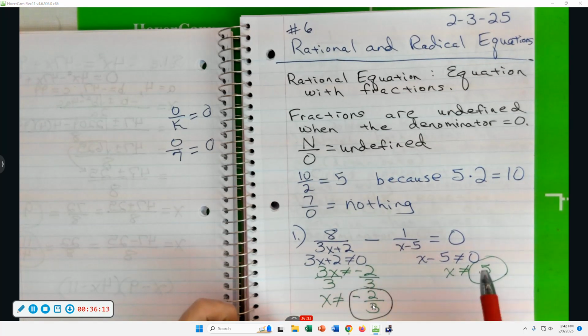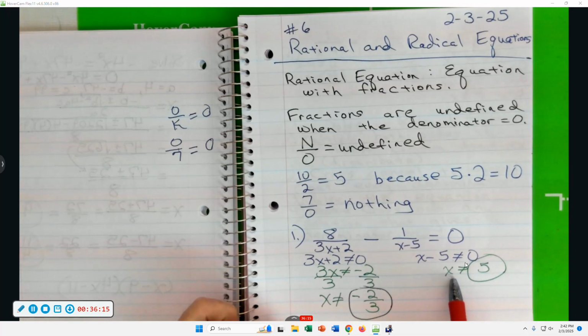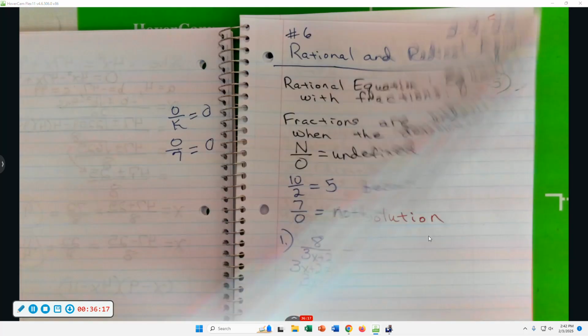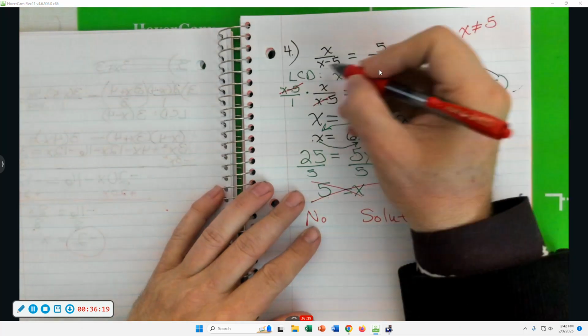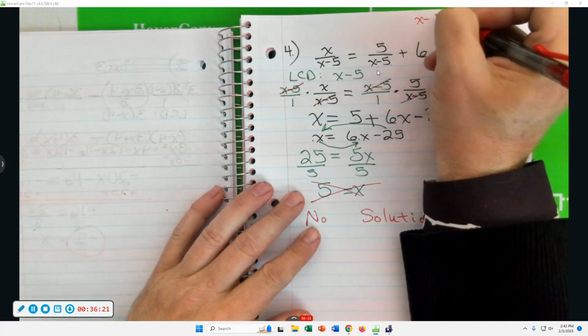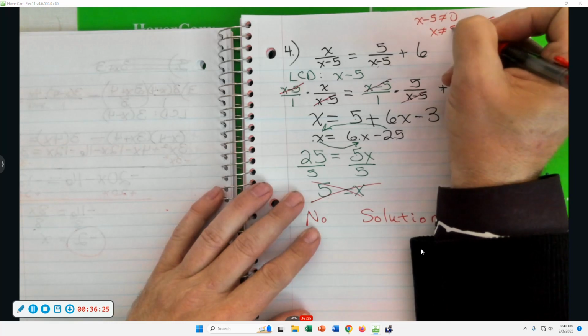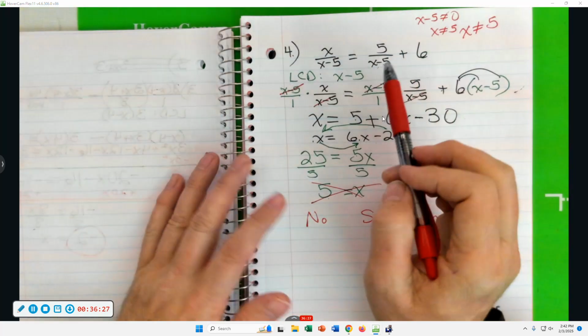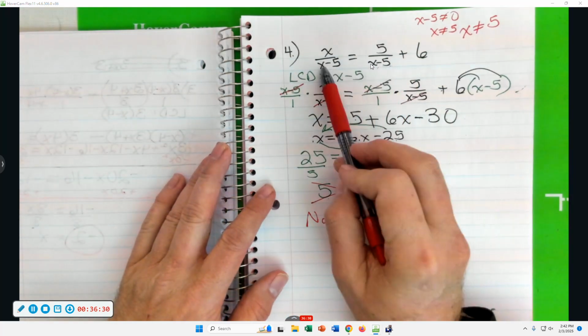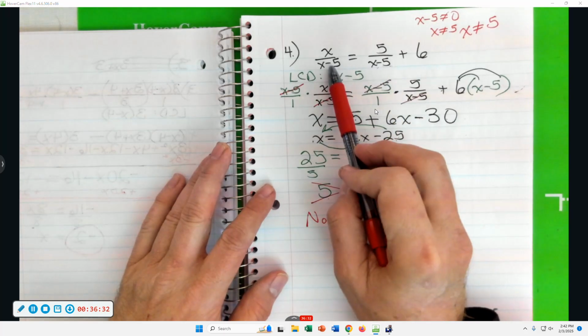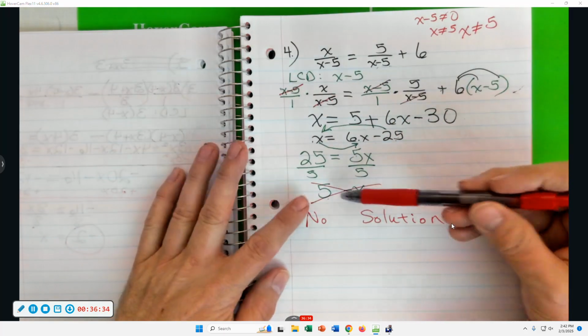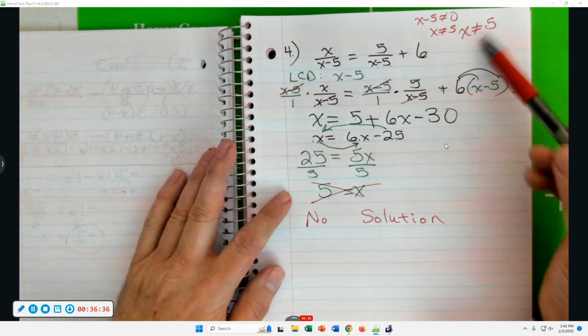X minus 5 can't be 0, and you solve for x. There's only one denominator. X minus 5 cannot equal 0, so x cannot equal 5. You're remembering that denominators can't be 0. Anytime you have a denominator, you need to make sure that the solution you get doesn't give you a denominator of 0.